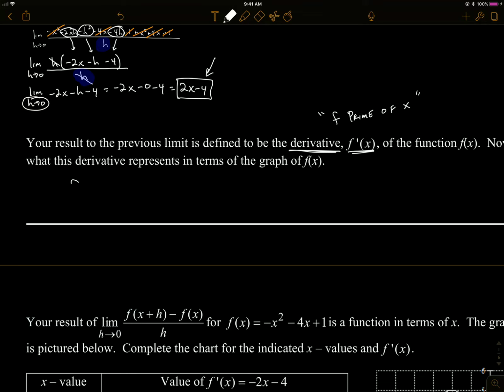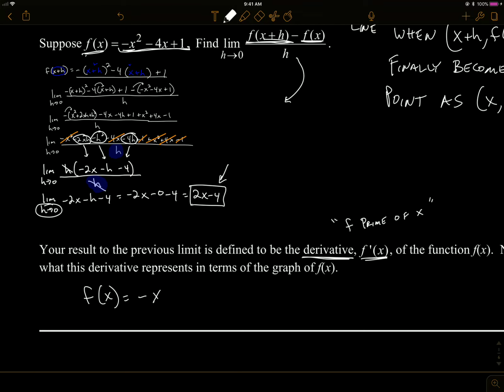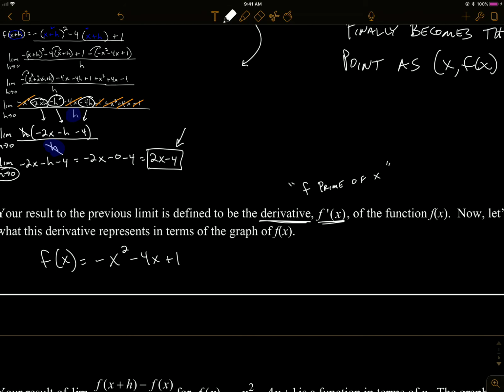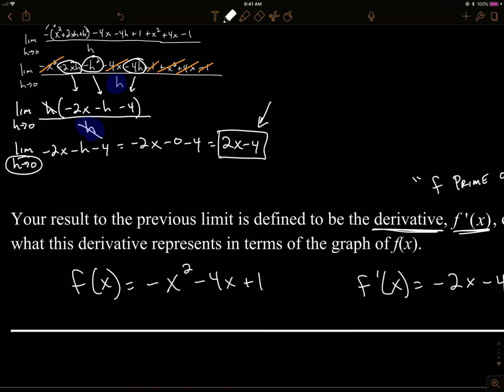So in this case, what was our original f of x? Negative x squared minus 4x plus 1. That means the derivative f prime of x is equal to negative 2x minus 4. Oh, so I should have a negative sign in there. I forgot it.